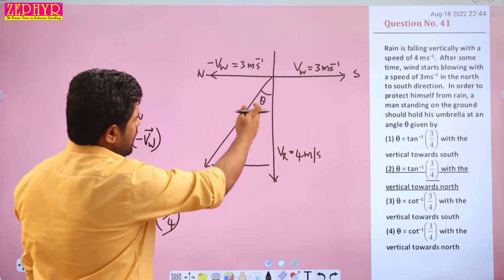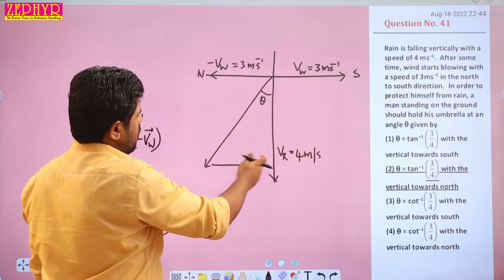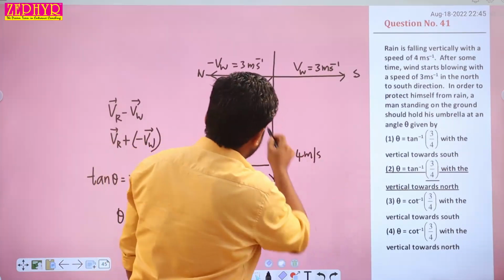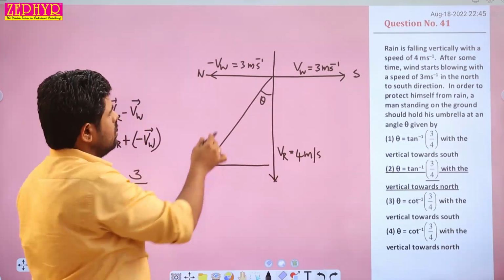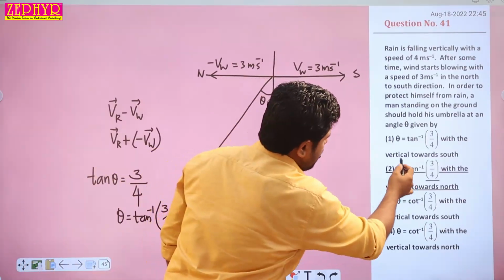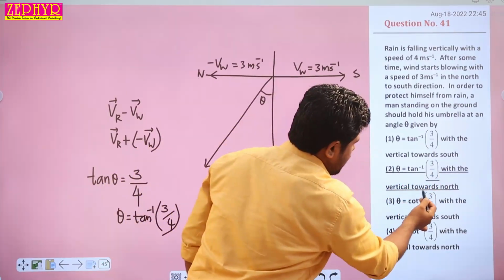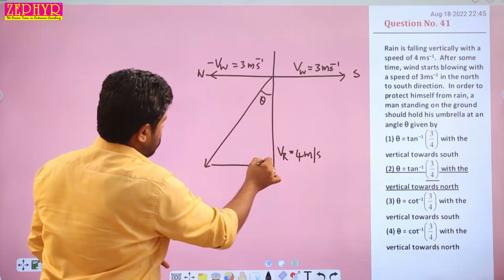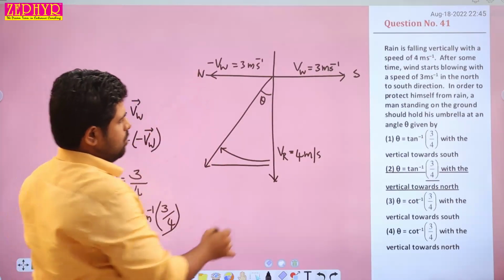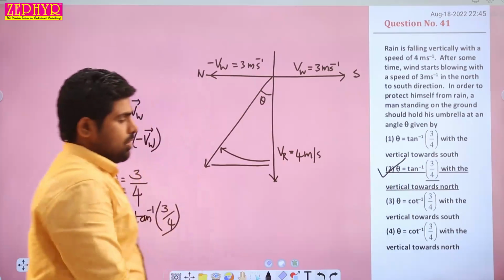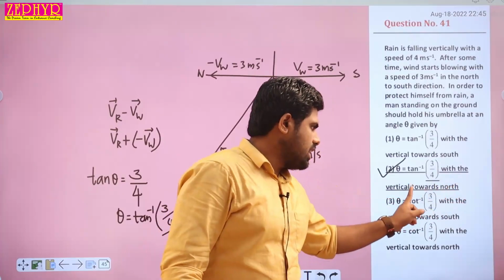Here the theta angle is measured from the vertical axis, that means from vertical towards north. So theta is equal to tan inverse of 3 by 4 with the vertical towards north. Okay, so option 2 is the right answer.